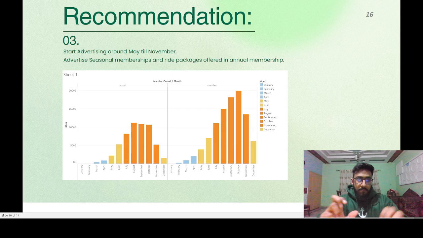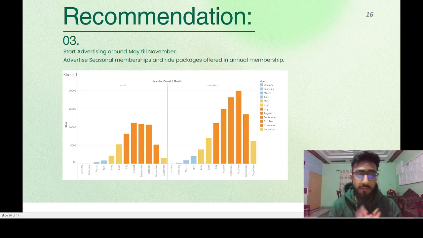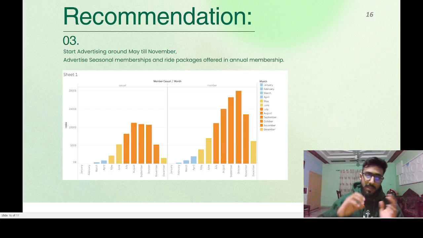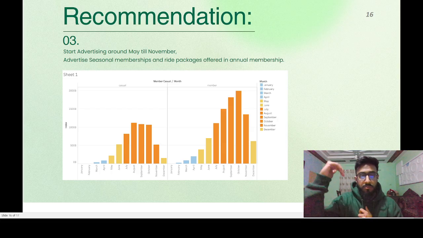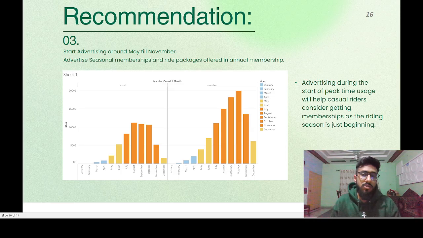As we saw in the trend of the monthly usage of the bikes, there is an increase in the warmer months, in the much pleasanter weather, starting from May, June up till October. So advertising during the start of peak time usage will help casual riders consider getting memberships as the riding season is just beginning.